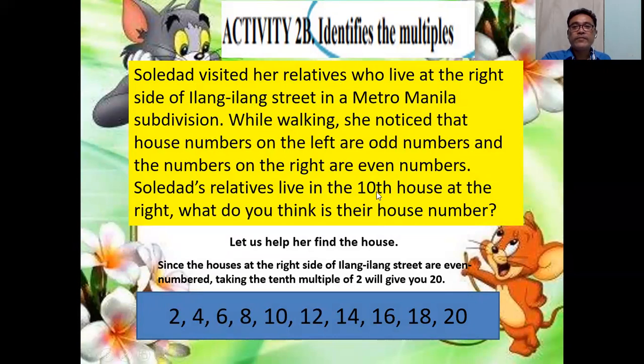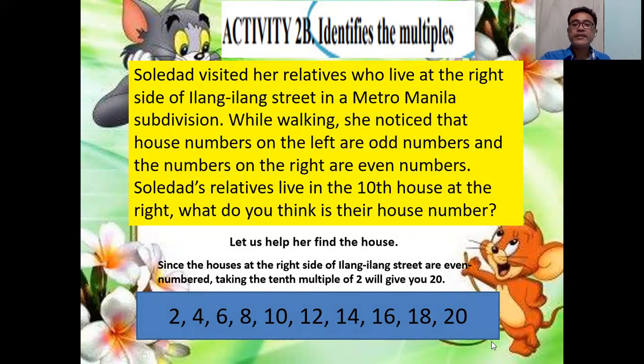While walking, she noticed that the house numbers on the left are odd numbers, and the numbers on the right are even numbers. Soledad's relatives live in the 10th house at the right. What do you think is their house number? Let us help her find the house.